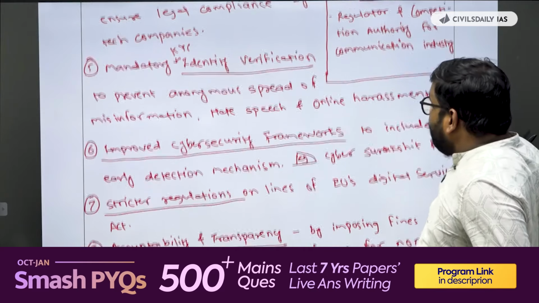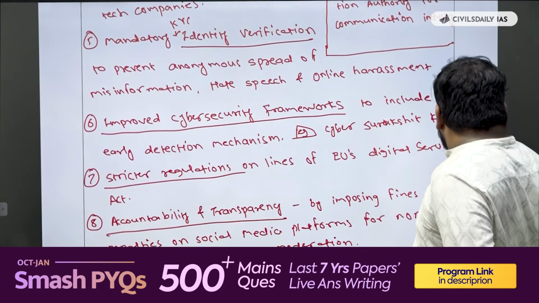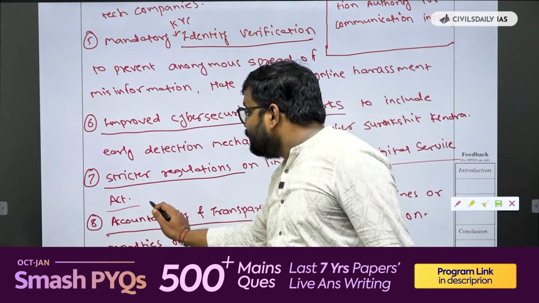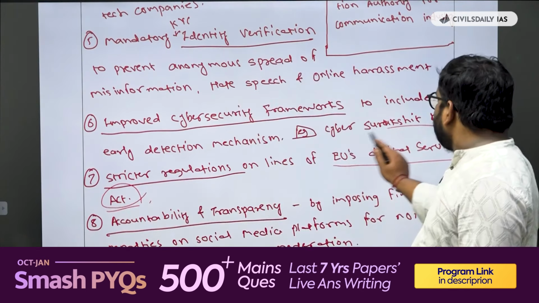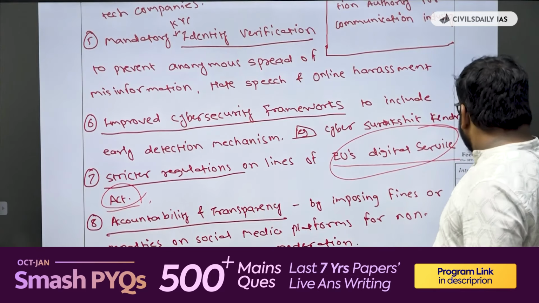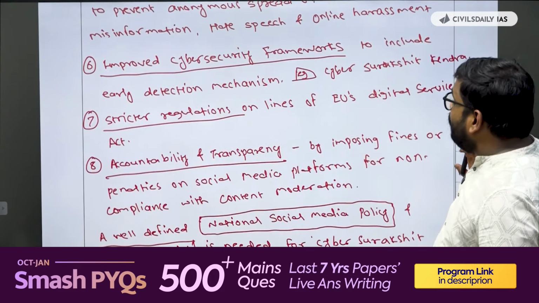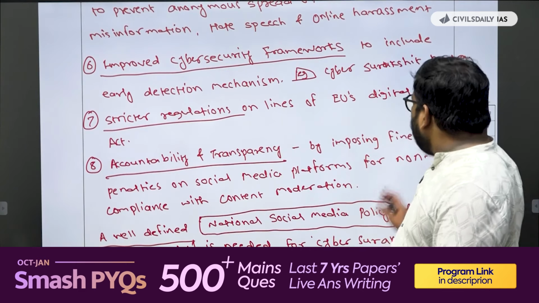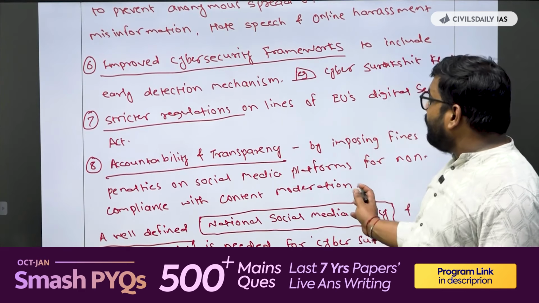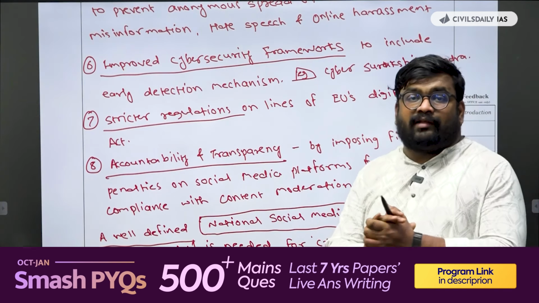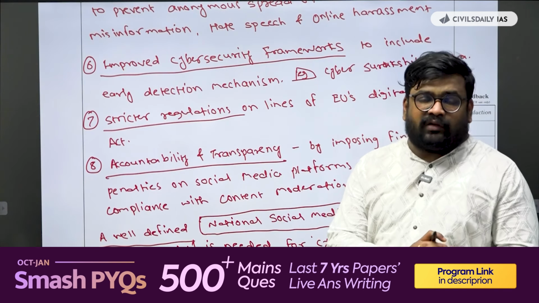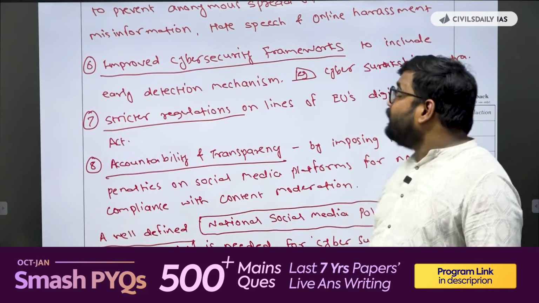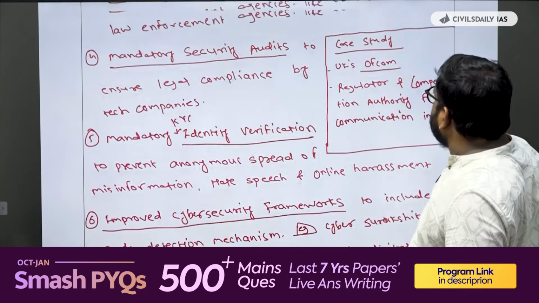Then strict regulation on lines of the EU's Digital Service Act. So basically, this is your global best practice. Last, accountability and transparency by imposing fines and penalties on social media platforms for non-compliance with the laws or the regulations.